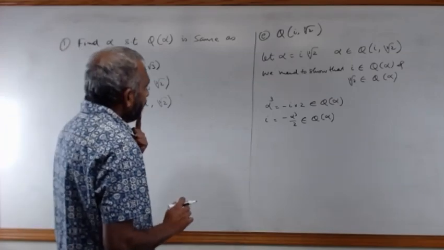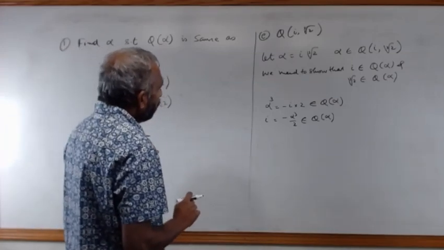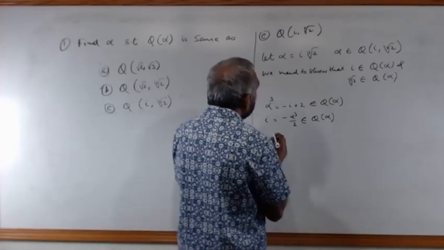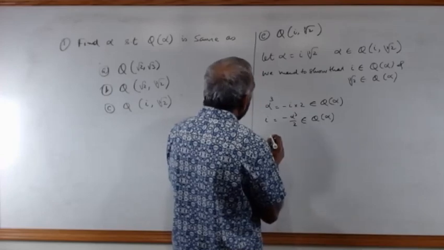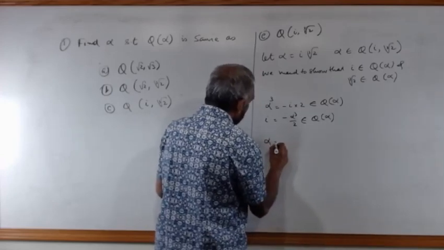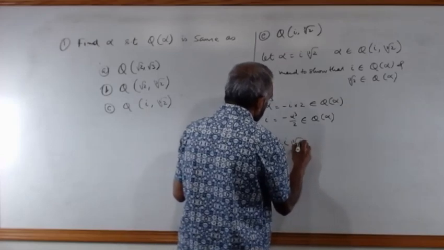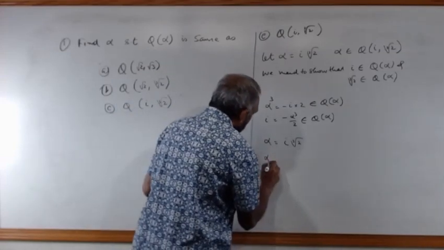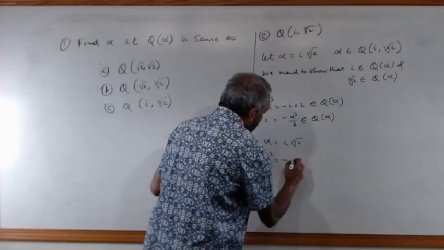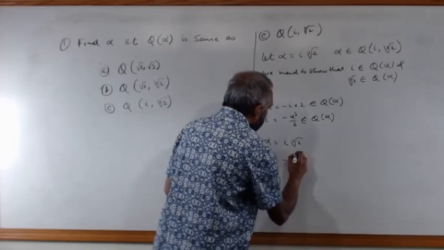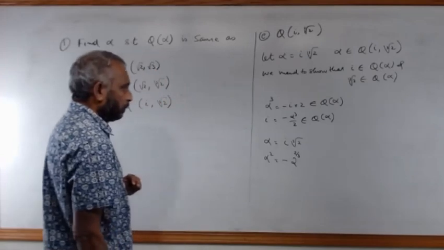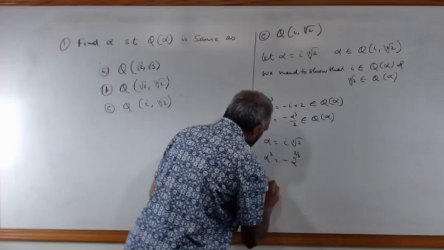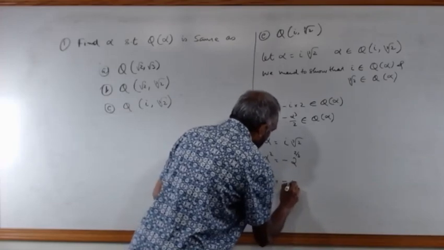Now we need to find cube root of 2 in terms of alpha. Alpha is equal to I cube root of 2. So if we square this one, we get minus 2 to the power of 2 by 3. Right? So 2 to the power of 2 by 3 is equal to minus alpha square.